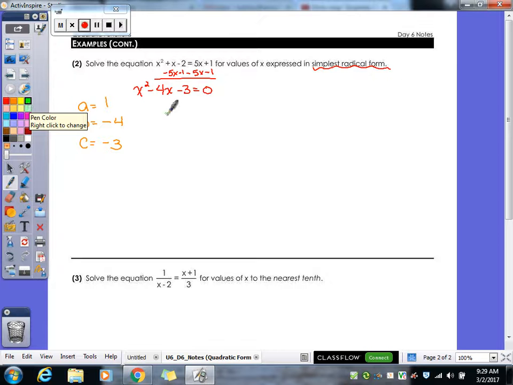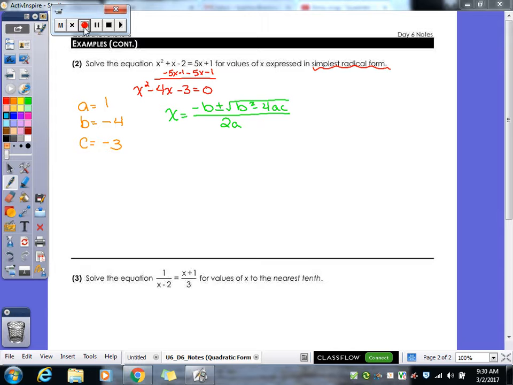So let's write out our quadratic formula. Go ahead, plug our values in.